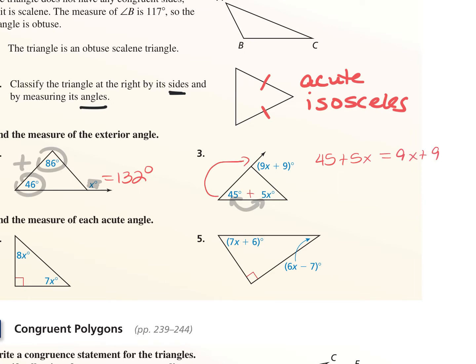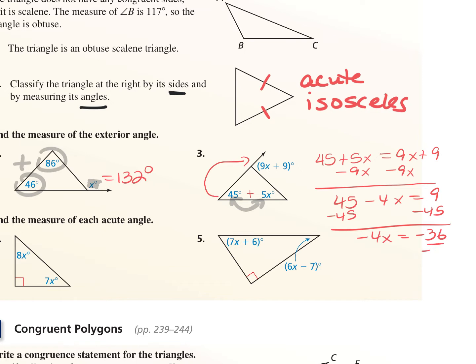I need to get my like terms together. I can move the 9x to the other side. You can also move the 5x. It really doesn't matter. And then you get 45 minus 4x equals 9. Subtract the 45. Negative 4x is going to equal negative 36. Divide by negative 4, and x equals 9.